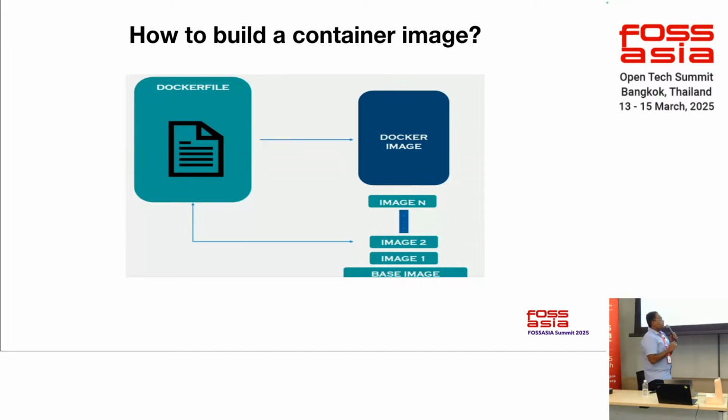Okay, so let's say you have 10 lines in your Docker file. Starting from your first line, which is a base image that you pull, that is one Docker image. The next line adds another Docker image, creates another intermediate Docker image. The next one creates another one. So this keeps happening, and you finally get the final Docker image.